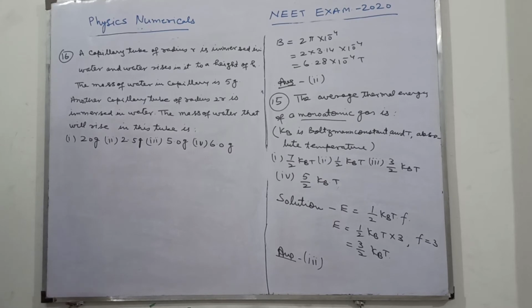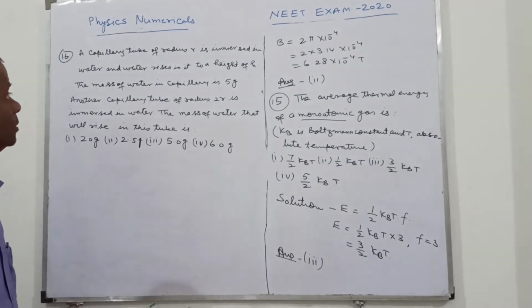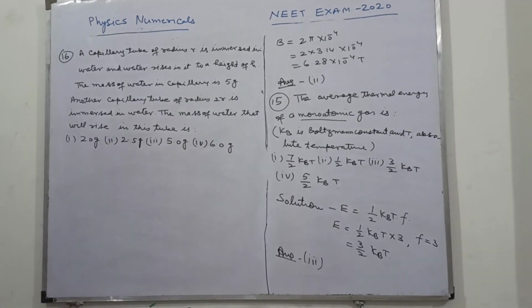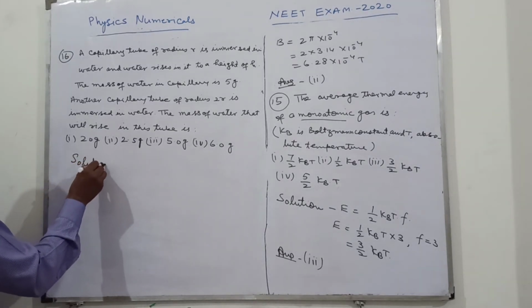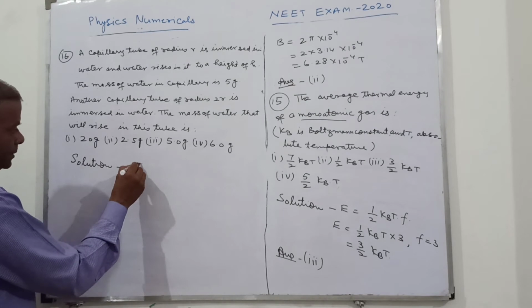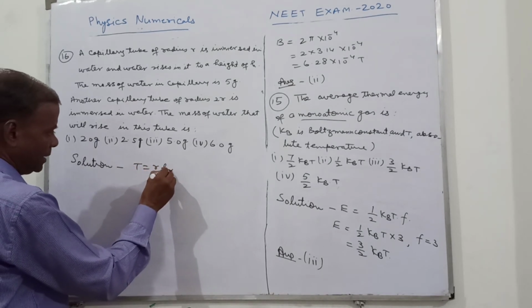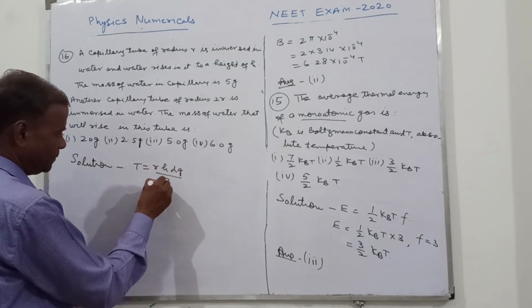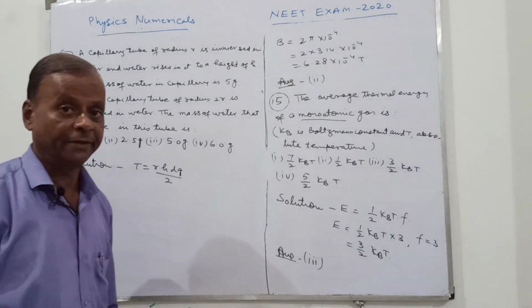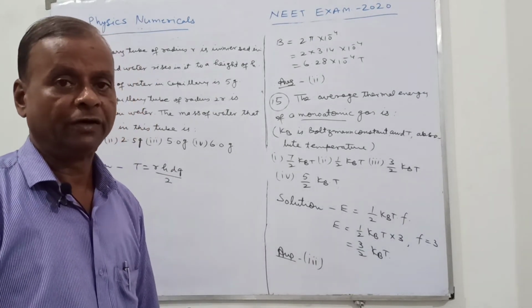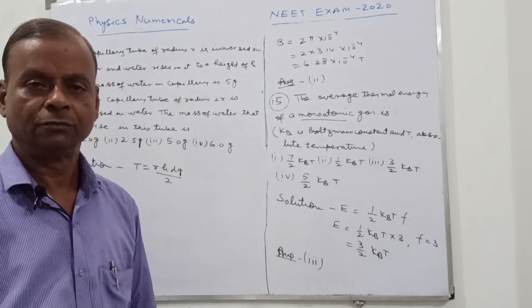So to solve this question, you must know the capillary action of this capillary tube. T equal to r h d g upon 2. And you find how to find the mass of the water that rises in the tube.